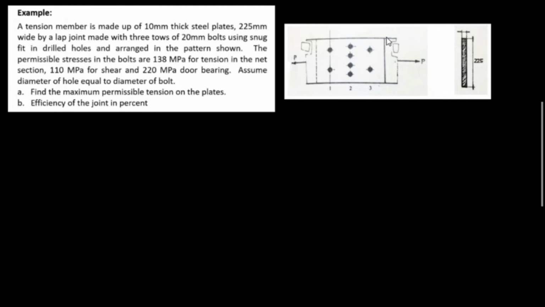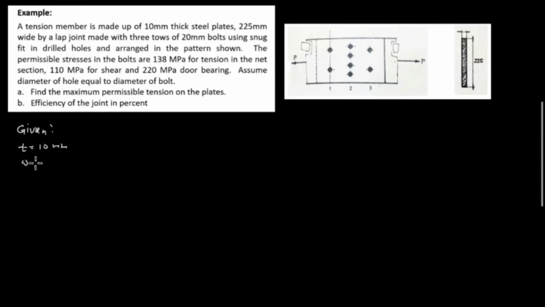We have 8 bolts, so we need to cut every section to find the permissible tension. First, given, we have the thickness of the plate, which is 10 millimeter.